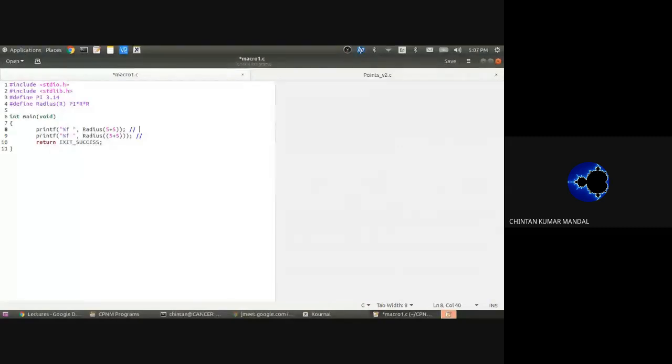So if I call radius 5 plus 5, and you see the other one is basically 5 plus 5 within brackets. So what will actually happen over here?